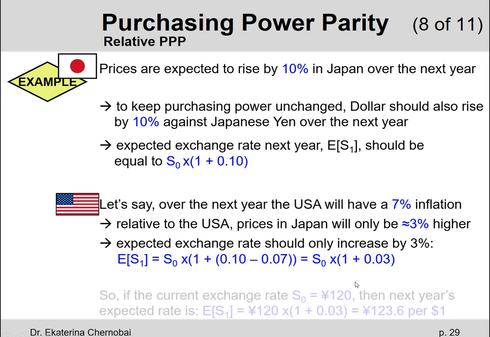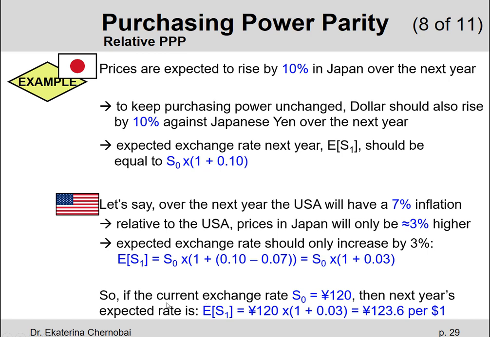Let's apply it to a more specific example. Let's say the current spot exchange rate S0 equals 120 yen per 1 US dollar.